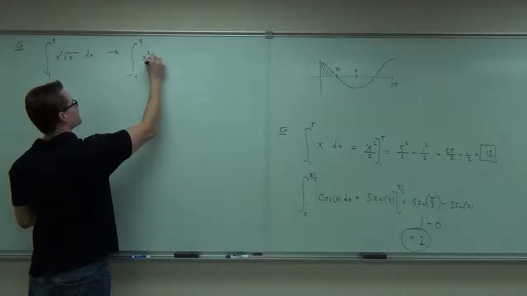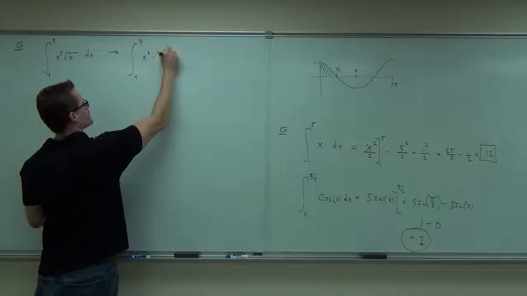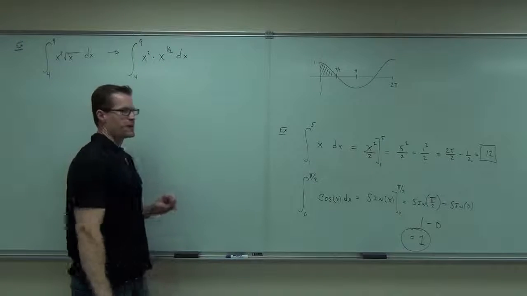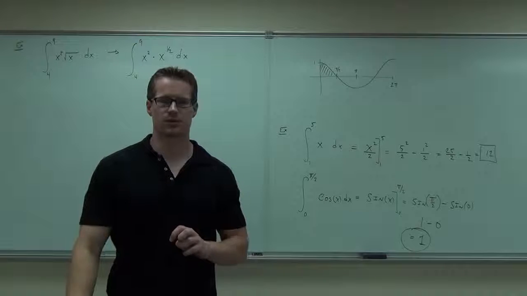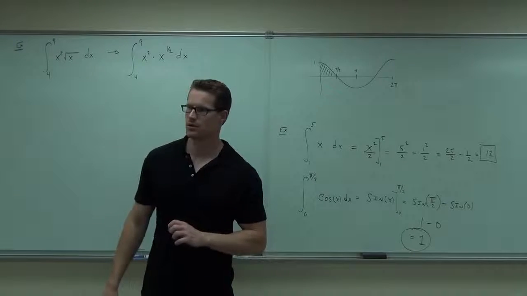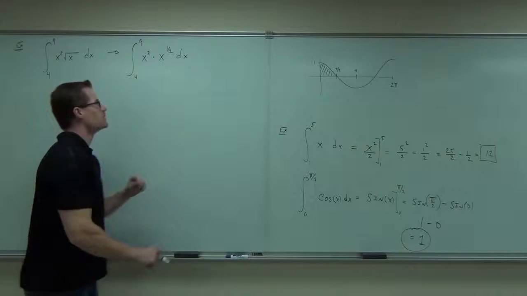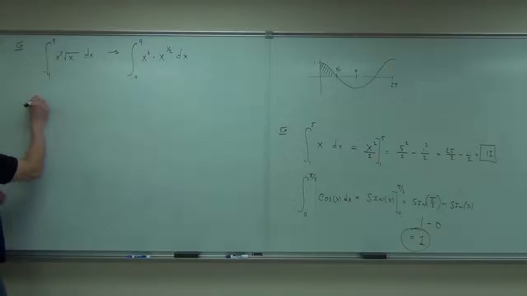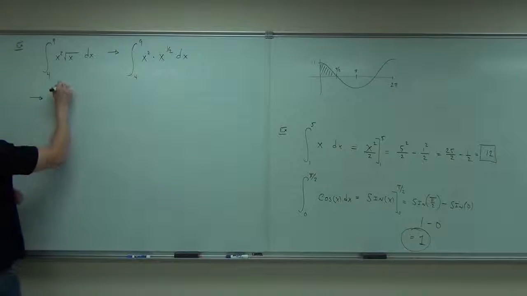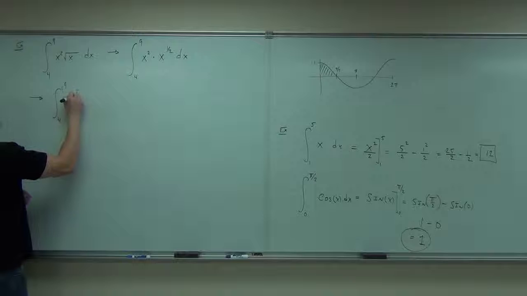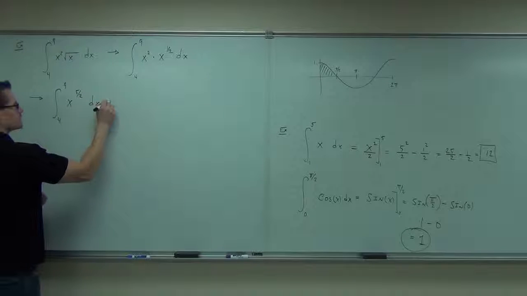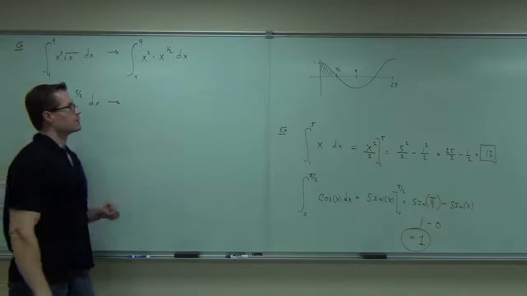So, x to the 1/2 dx. And combine them. X to the how much if we combine those? You add, so it's 5/2. X to the 5 halves.